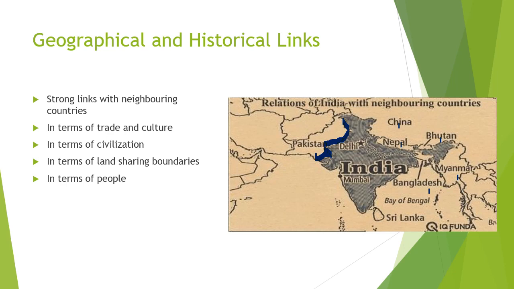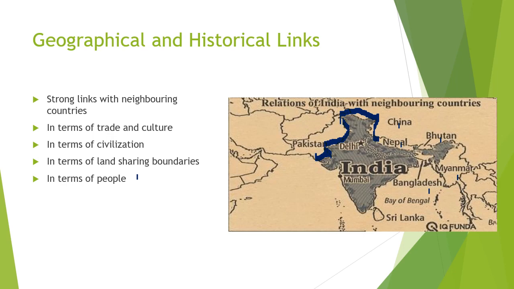In terms of land sharing boundaries, India also shares very good ties with different parts of the country where they often exchange basic commodities. And people also travel from one country to another, in terms of their business or their job or the property that they are trying to buy in different parts of the nation, or in case they are working for a job, or trying to set up a business, people also get exchanged.